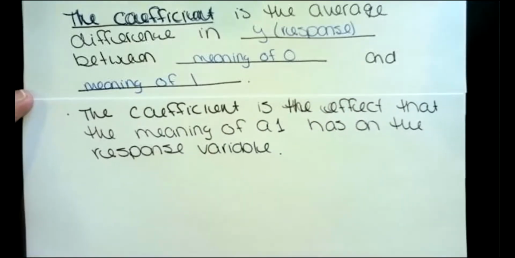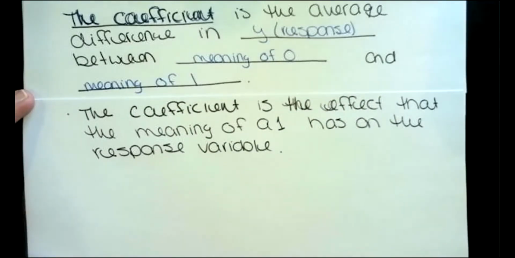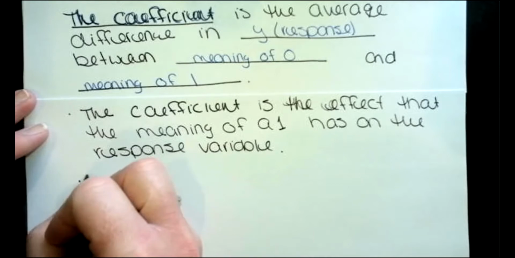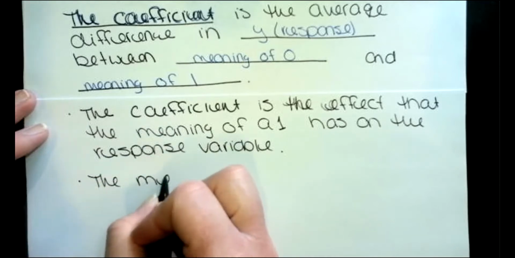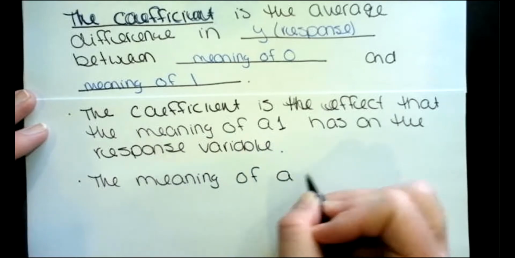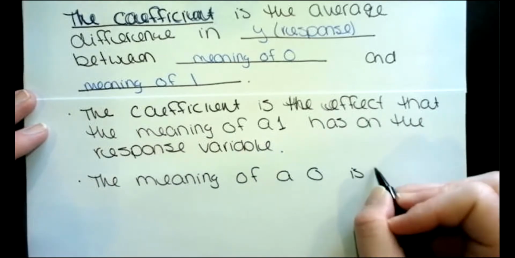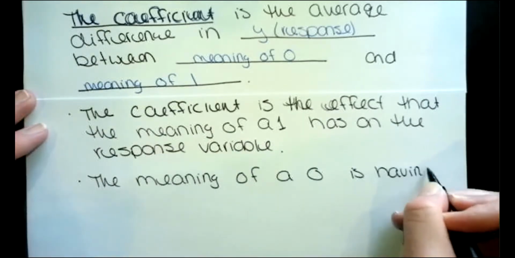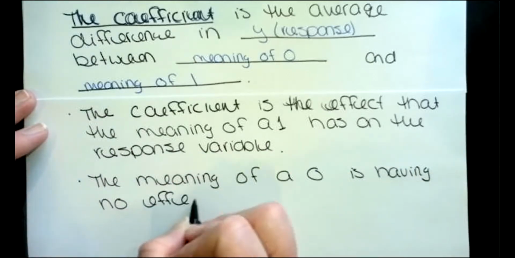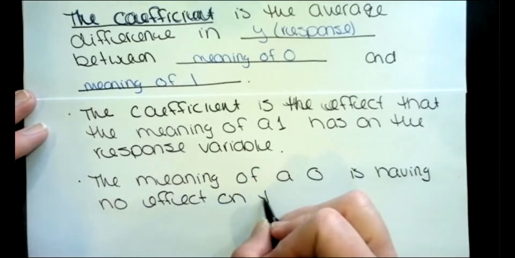So the coefficient is the effect that the meaning of a 1 has on the variable, okay? The meaning of a 0 is having no effect on the equation.